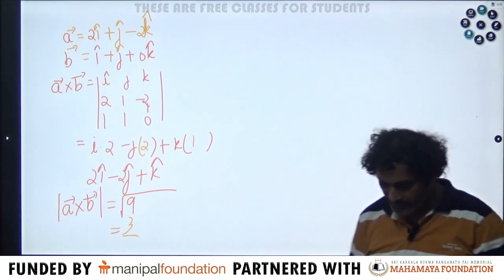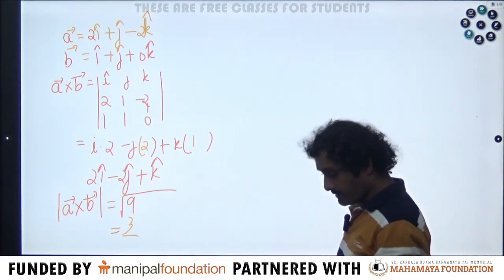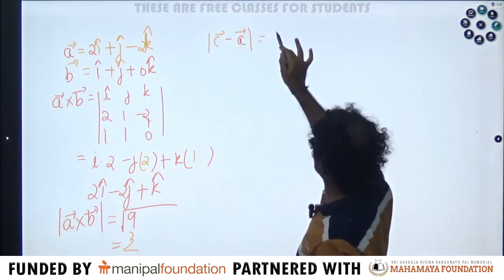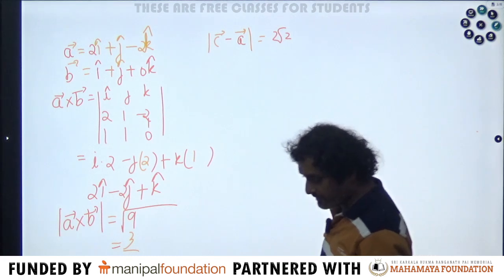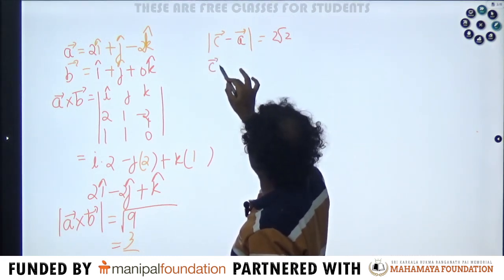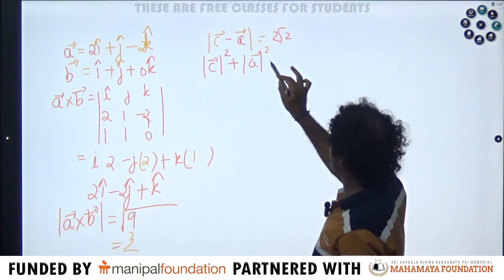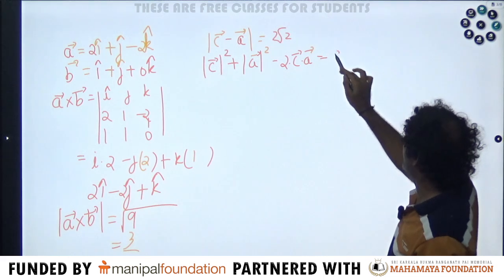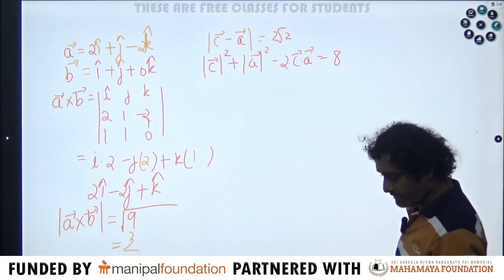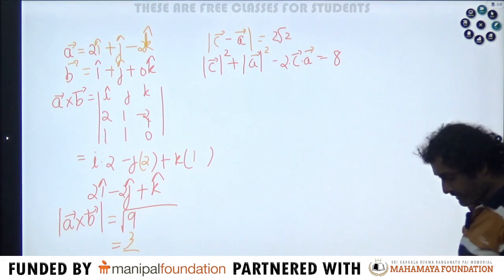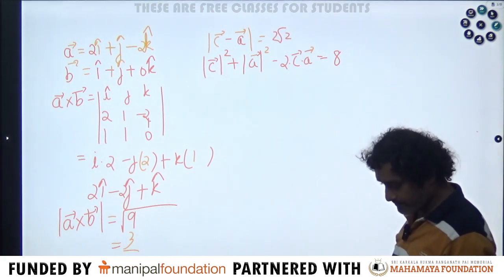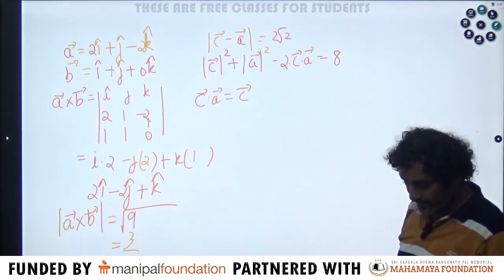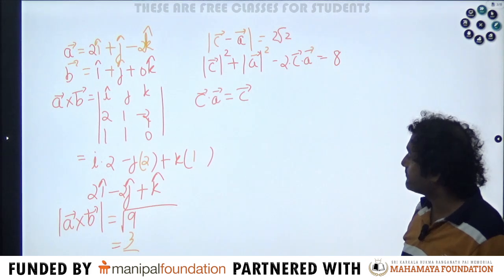So let's take the second data. The next one says the magnitude of c minus a vector is 2 root 2. Let's just square it. Magnitude c square minus 2 c vector dot a vector plus magnitude a square: 2 root 2 squared becomes 8. They have told that c vector dot a vector is magnitude c, and the magnitude of a vector is 3.